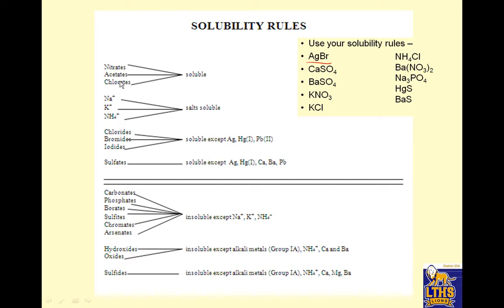Let's find bromide on here. Okay, bromides will dissolve. Soluble means aq. Bromides will dissolve if they're with anything except silver. So they do dissolve except with silver. If there's an exception, it's going to be solid, not dissolved.